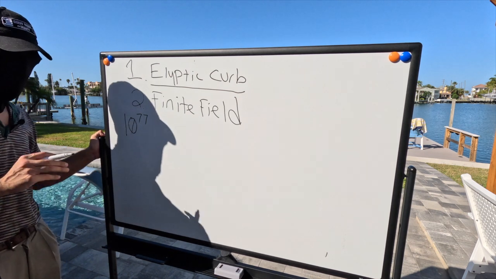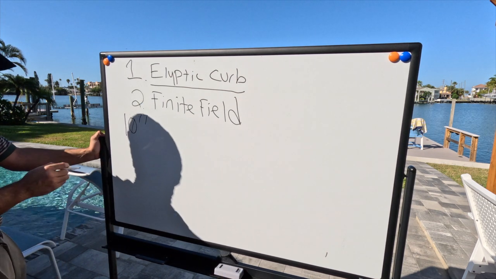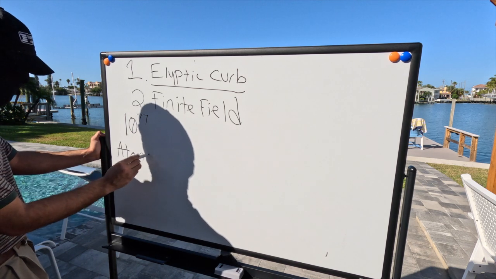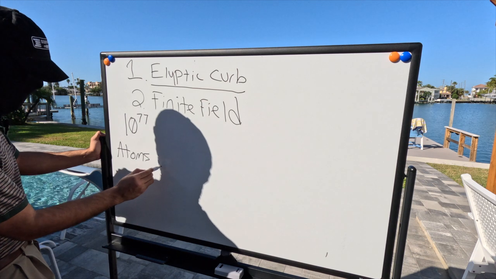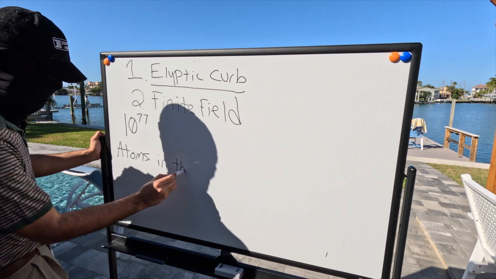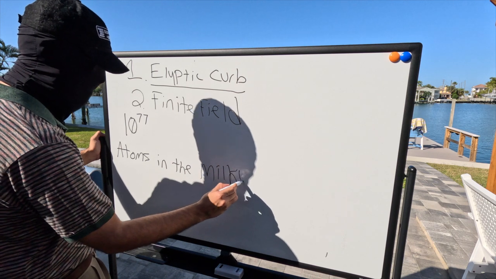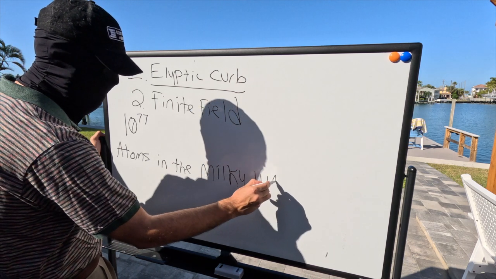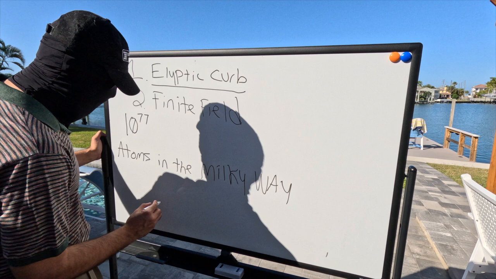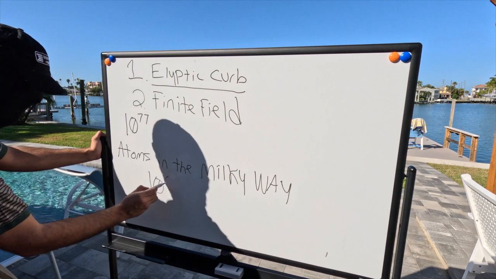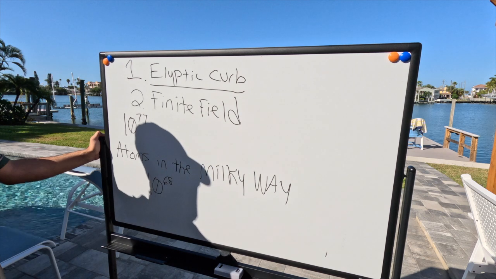Okay. Now let's put that into perspective. The amount of atoms in the Milky Way is equivalent to 10 to the 68th power.